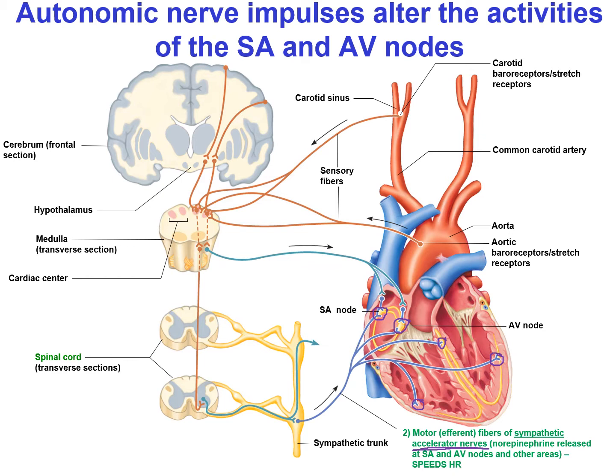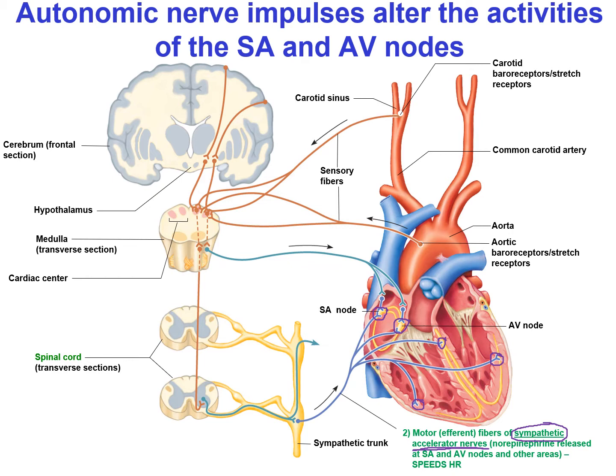Unlike the parasympathetic vagus nerves, which released acetylcholine and slowed the heart down, as you can see here, when impulses are sent down the accelerator nerves, which we associate with the sympathetic branch of the autonomic nervous system, a different neurotransmitter is released called norepinephrine, sometimes also referred to as noradrenaline.